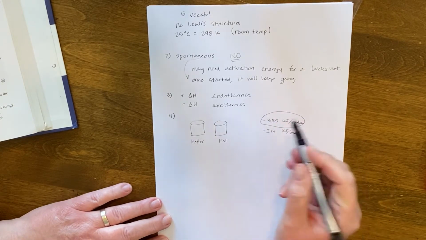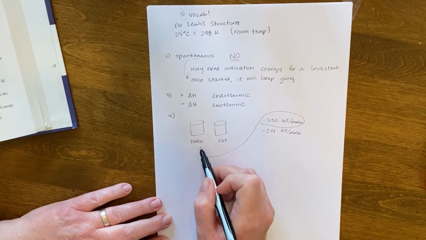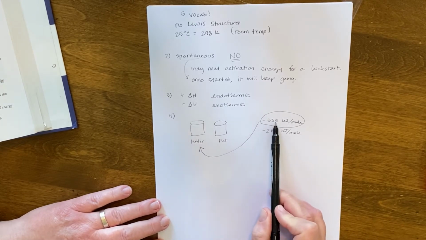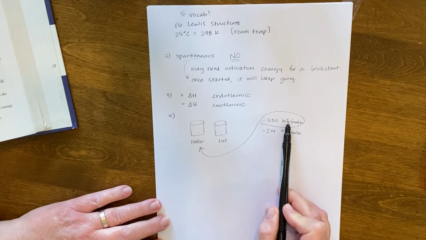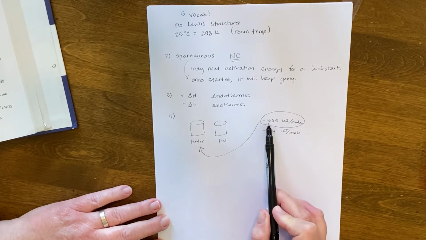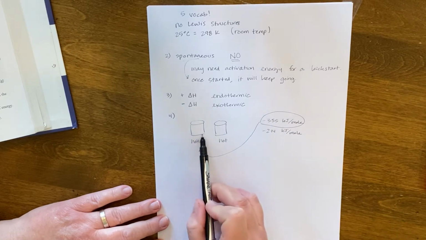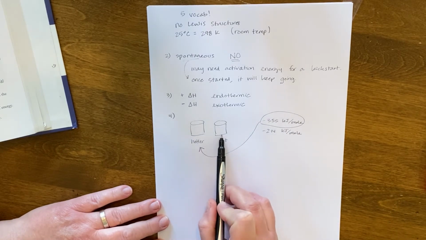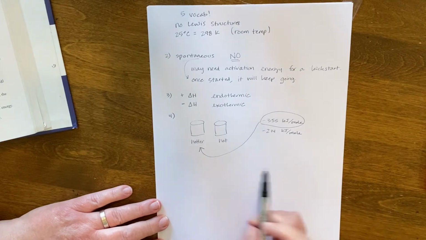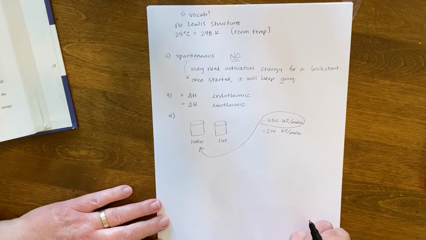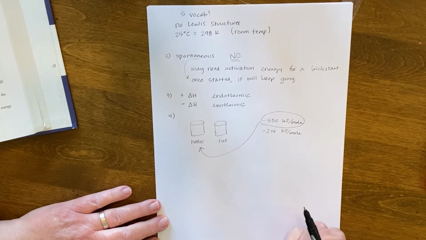Well, this one, the negative 355, is giving off more energy. It's giving off 355 kilojoules of energy, or you can even think of it as 355 kilojoules of heat per mole. So this one is going to get hotter than this second beaker because it's only giving off 214 kilojoules of energy or heat per mole. So the answer to number 4 is the first beaker, or the first reaction.